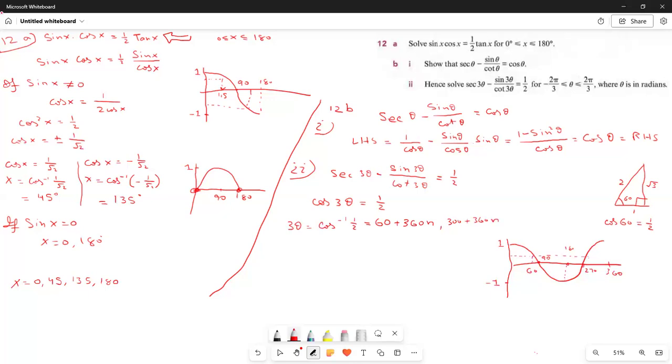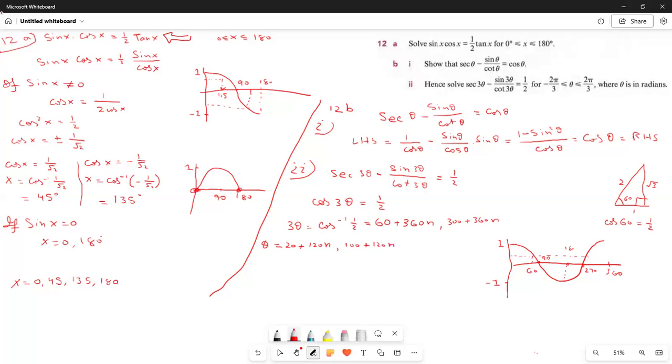I hope you are with me. Now, when I talk about theta, I have to divide everything by 3. So it will become 20 plus 120n, where n is an integer, and 100 plus 120n.